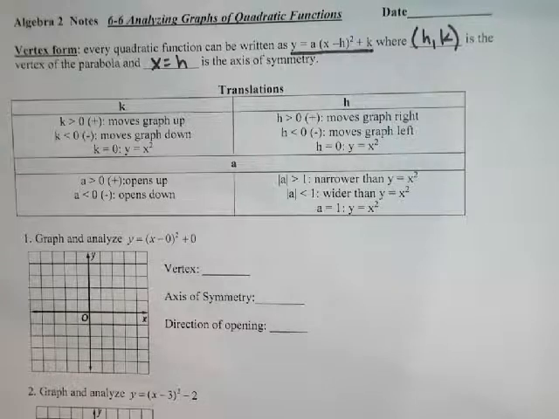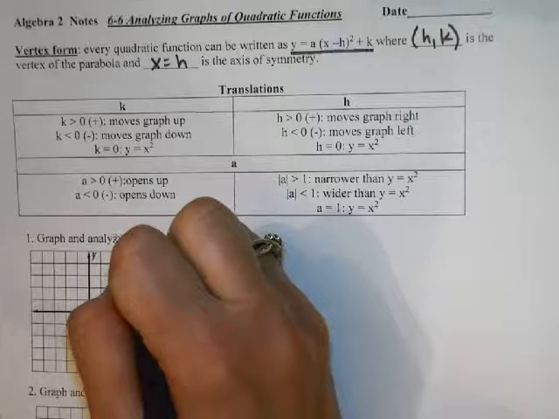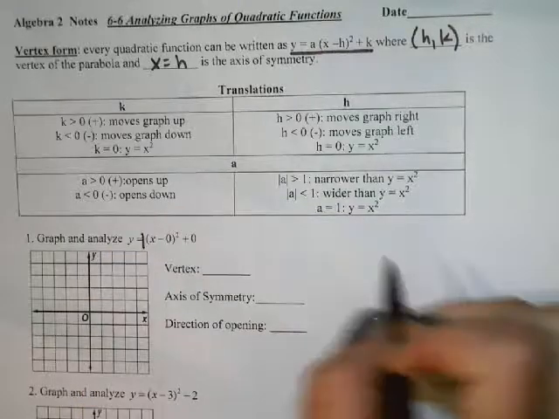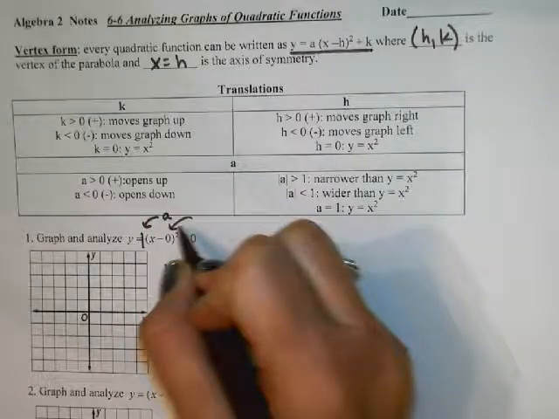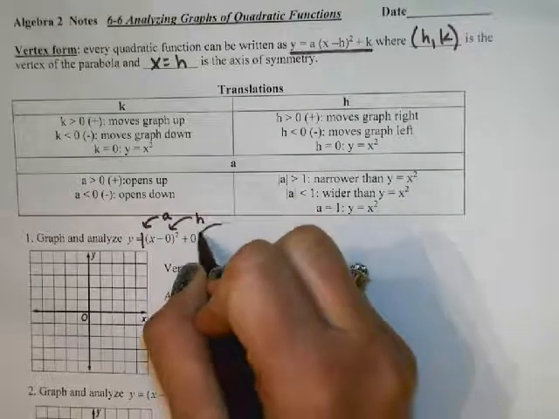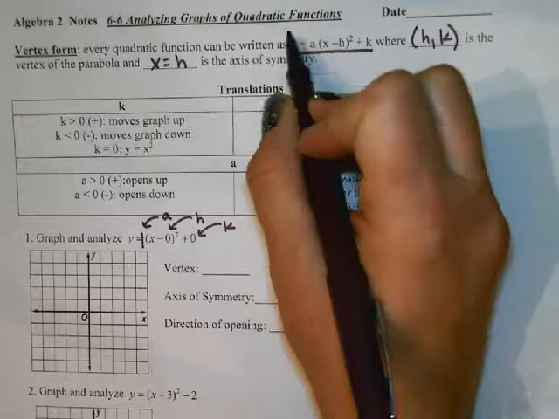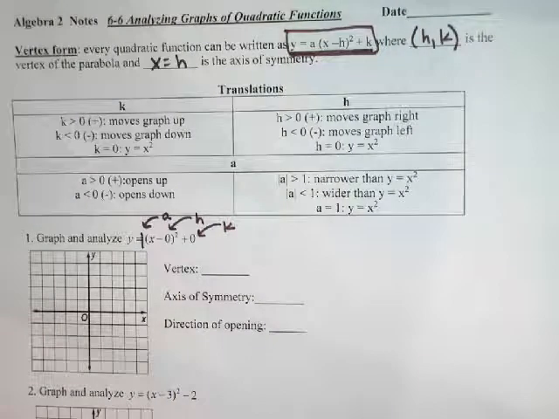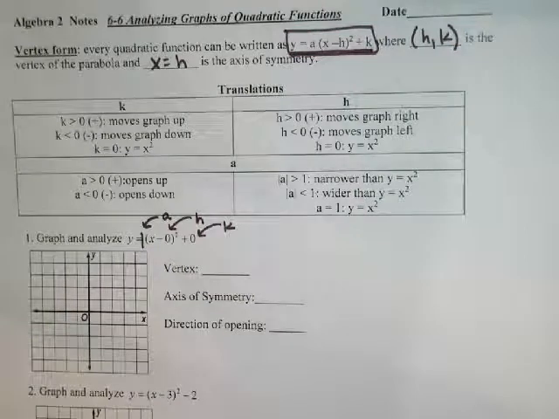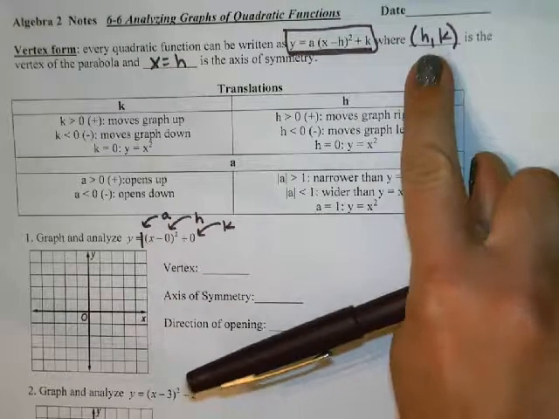Okay. Number 1 says graph and analyze y equals (x minus 0) squared plus 0. Let's figure out what a, h, and k are. If there's no number out front, we assume it to be a 1. So there's a, there's h, and there's k. My vertex is at (h, k).